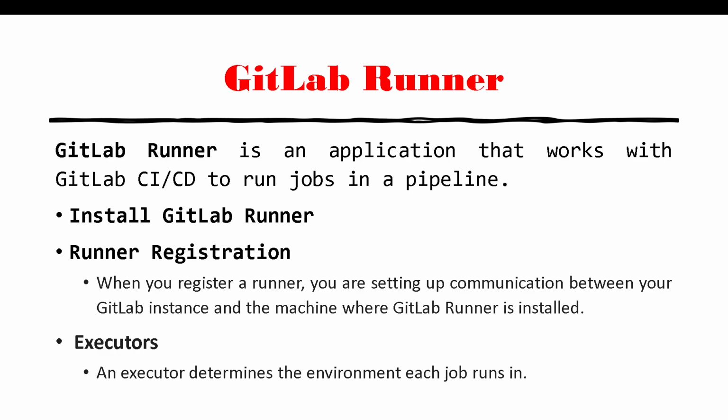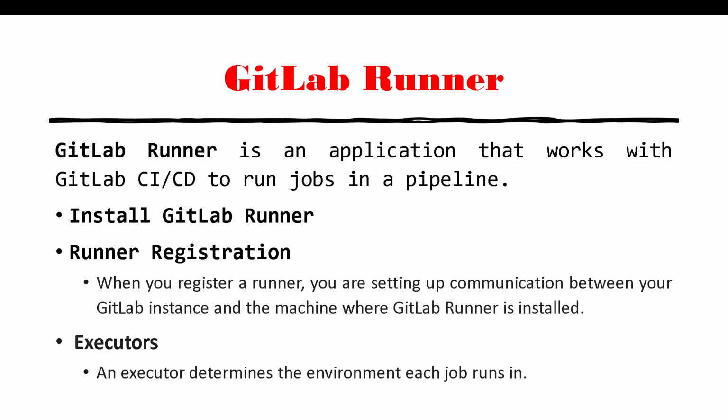Okay, so assume that you have GitLab CI running on machine A. That is, GitLab, the tool itself, is running on machine A, and then you're installing GitLab runner on machine B. So when you register the runner, what you're doing is you are making a communication between the GitLab, which is installed on machine A, and GitLab runner. Okay, so that's what registration means, and we'll be doing that when we are installing GitLab runner.